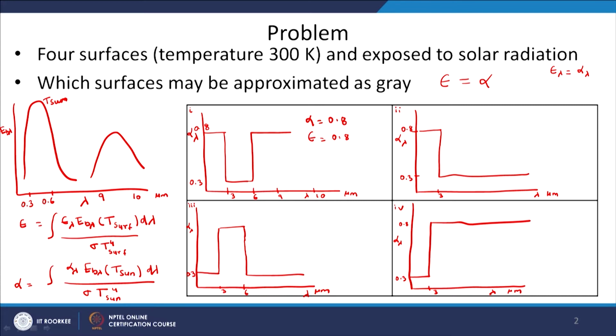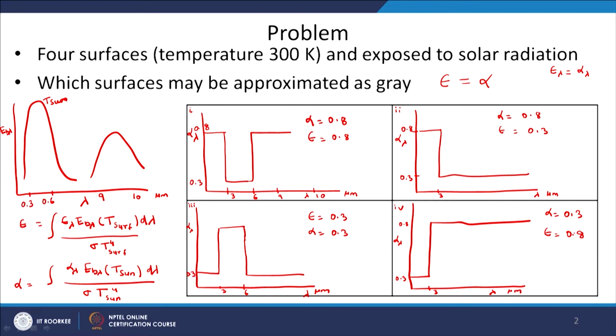For the second surface we get alpha equal to 0.8 and epsilon equal to 0.3. For the third surface we get epsilon equal to 0.3 and alpha equal to 0.3, and for the fourth surface alpha equal to 0.3 and epsilon equal to 0.8.